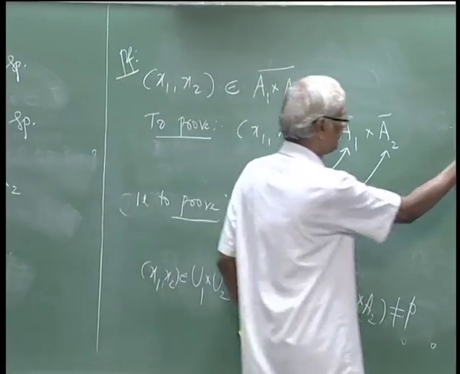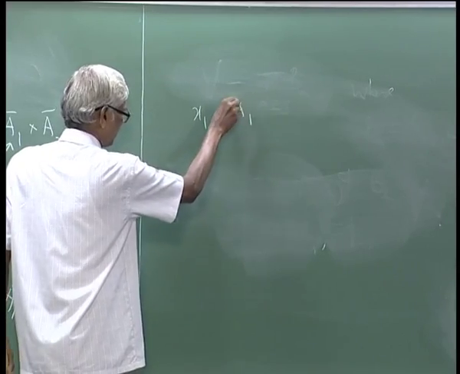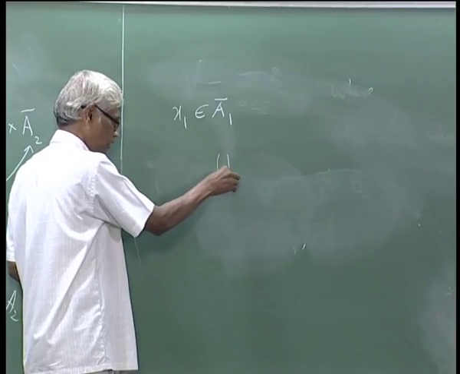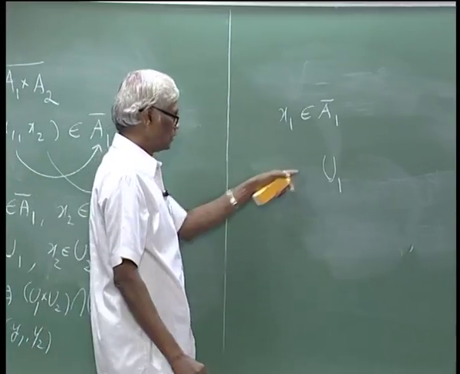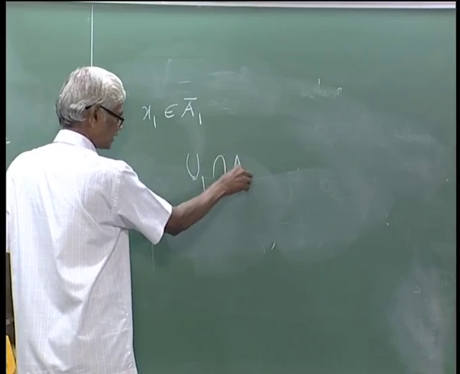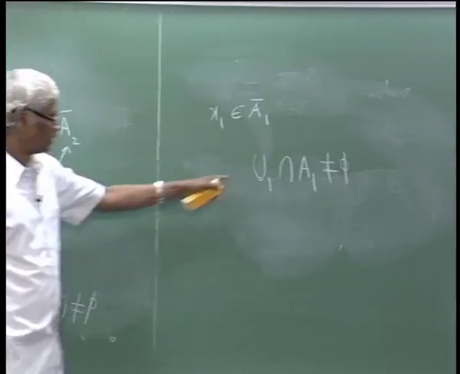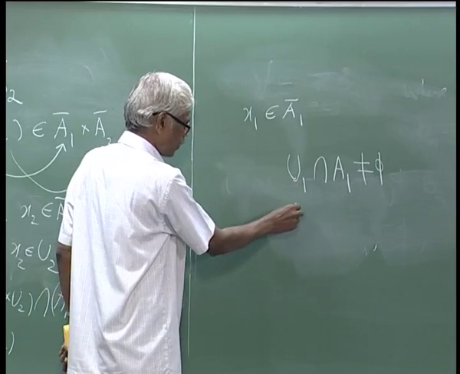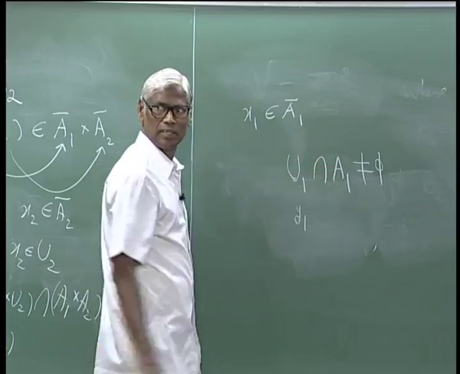So, we wanted to prove x1 belongs to A1 closure, that means what, take any open set U1 containing x1, then we should prove that U1 intersection A1 is non-empty, that is we will have to get an element y1 which is in U1 as well as A1.